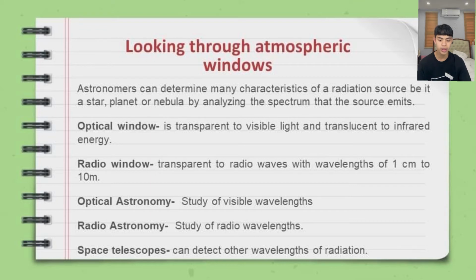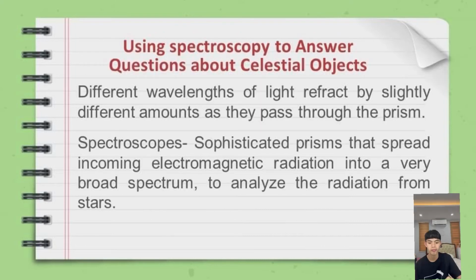We refer to the study of visible wavelengths as optical astronomy and the study of radio wavelengths as radio astronomy. These different parts of the spectrum can be observed with optical telescopes and radio telescopes, respectively. As we'll see, space telescopes can detect other wavelengths of radiation, such as X-rays and gamma rays, that cannot pass through the atmospheric windows.